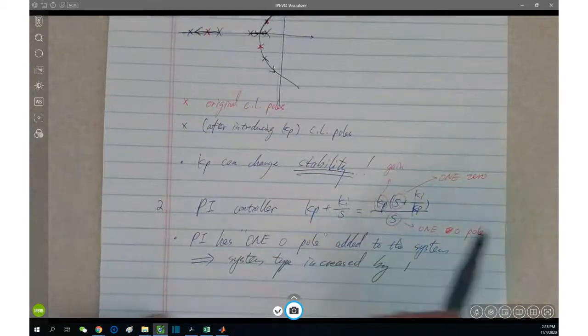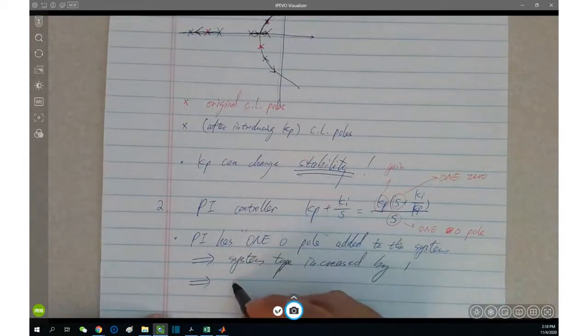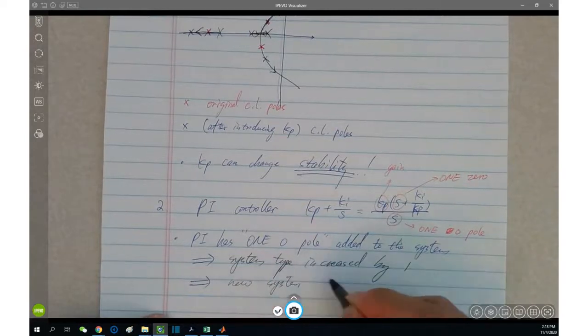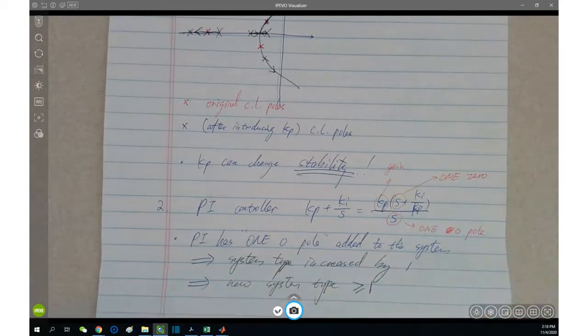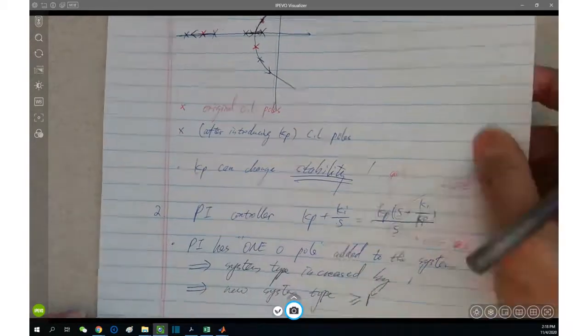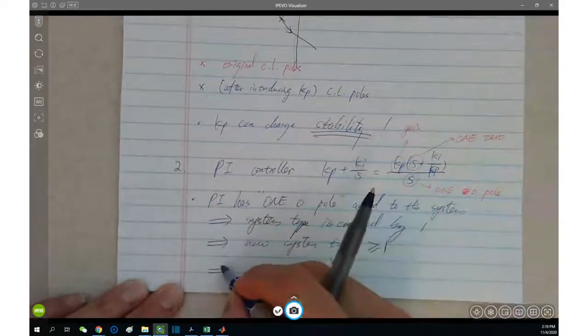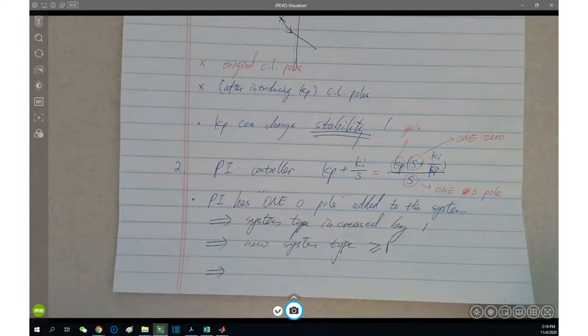Which means the new system type is at least 1. Does this make some sense? And further, with system type at least 1, what is the conclusion about the steady state error, particularly for step input?